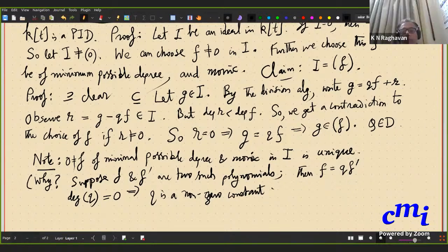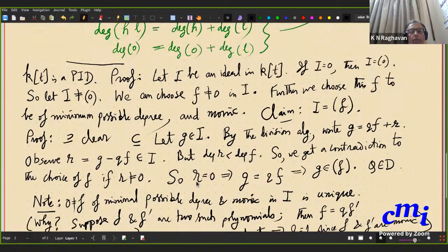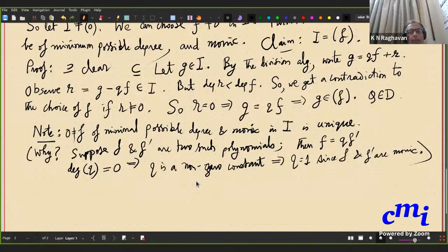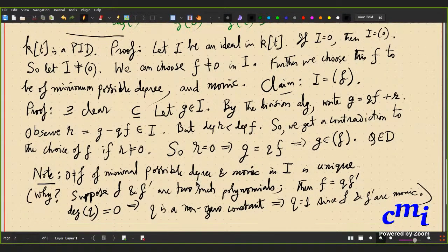Since F and F prime are monic polynomials, the constant should be 1. So Q equals 1. Indeed, that's correct. Thank you, Anomaly. So this follows from the proof. It may not be immediately clear, but you can easily prove this. So not only is this generator of minimal degree and monic anything that generates it, it's actually unique. You can even add the step of why these minimal polynomials exist.